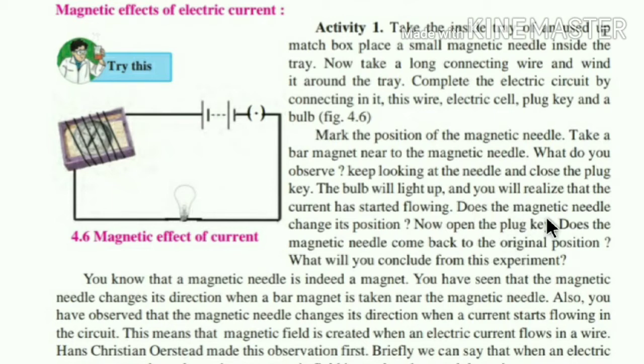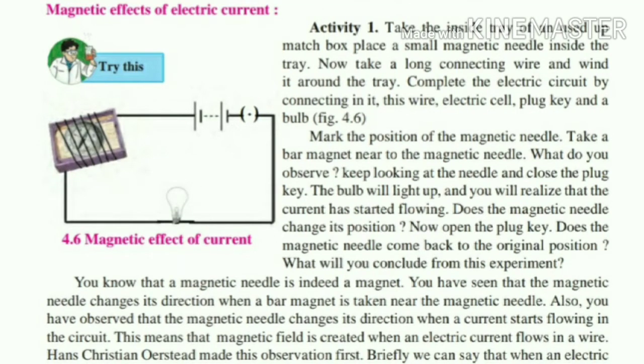Does the magnetic needle change its position? Yes, the magnetic needle shows deflection. Now open the plug key. Does the magnetic needle come back to its original position?